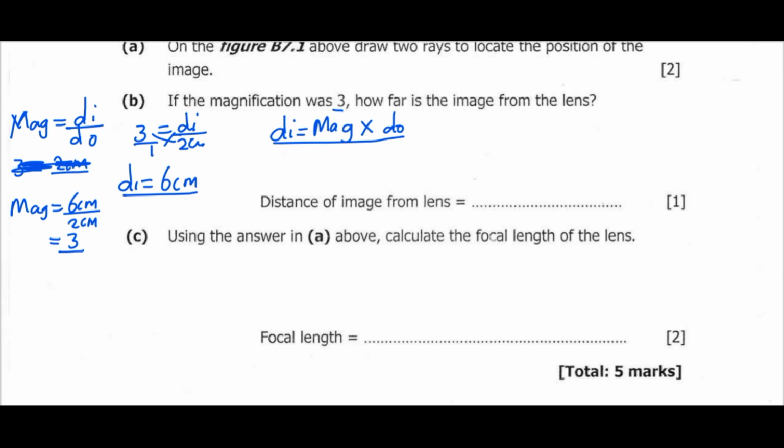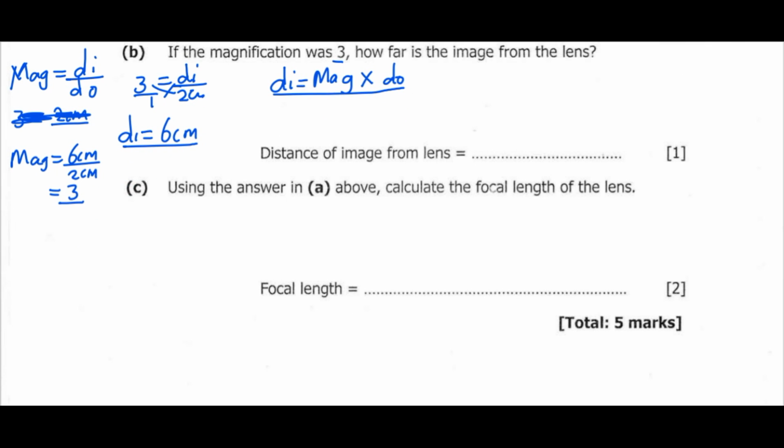So the formula for the focal length is 1 over f is equal to 1 over distance of an object plus 1 over distance of an image. So 1 over f, distance of an object is 2 plus distance of an image is 6.